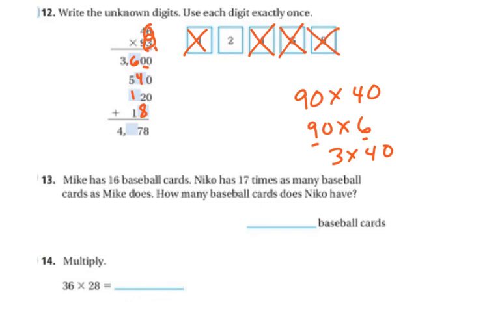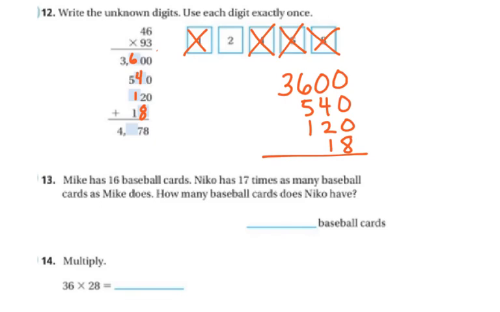And now when I add them up, I get 8 plus 0 plus 0 is 8. Sorry, it's really hard to see here, so I'm actually just going to rewrite it over here and make sure that my numbers are lined up. So I have 8, 0, 0, and 0 is 8. 4 plus 2 is 6, plus 1 is 7.